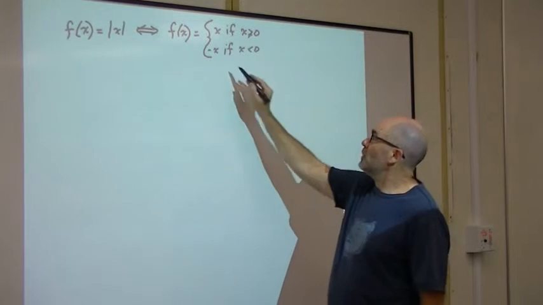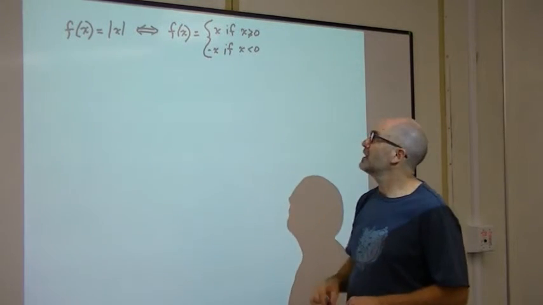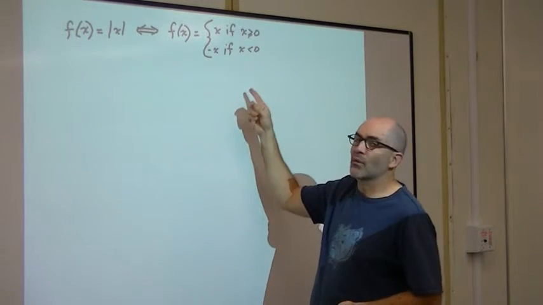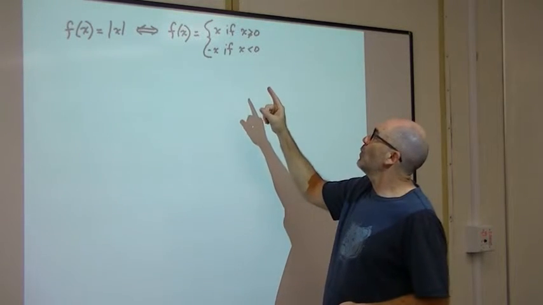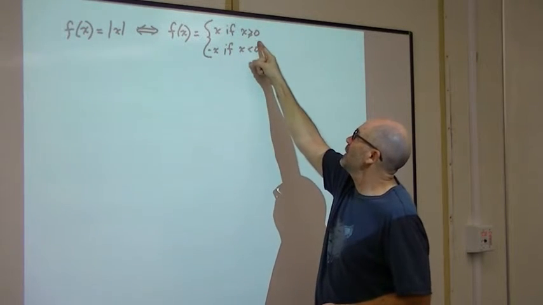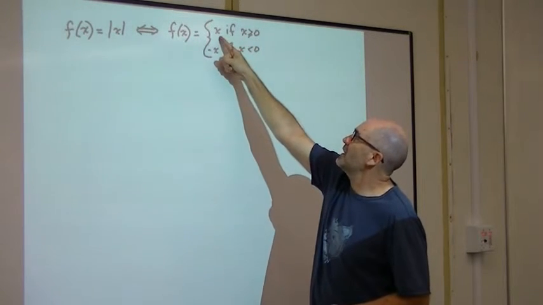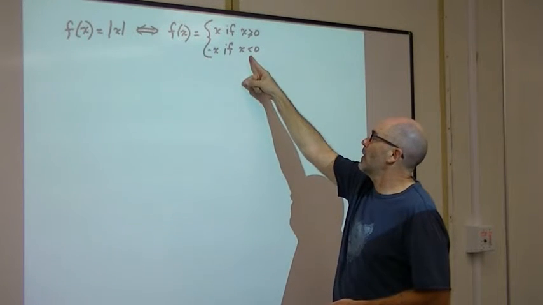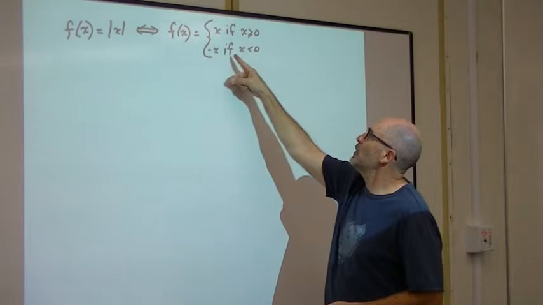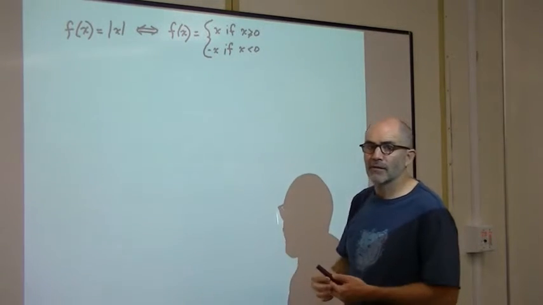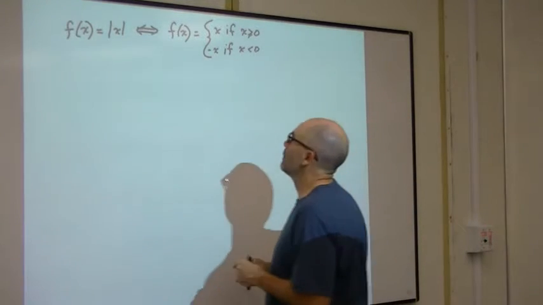Now, this confuses a lot of people because you're going like, hey, wait, I thought absolute value was always going to be positive. Well, notice, if x is greater than 0, then yeah, x is positive. But if x is less than 0, then you need to make the negative of that negative to make it positive. So let me show you an example.